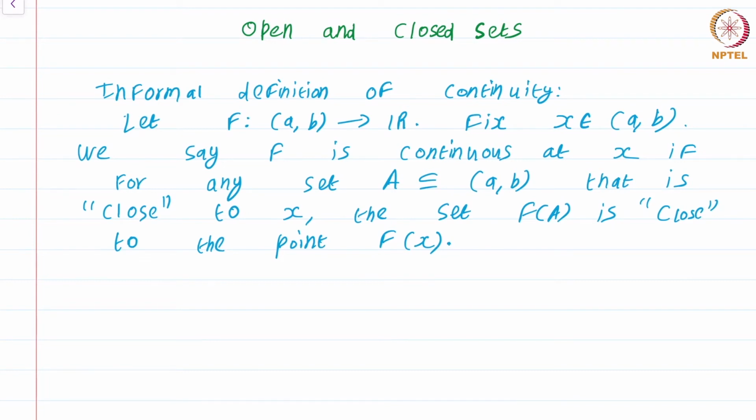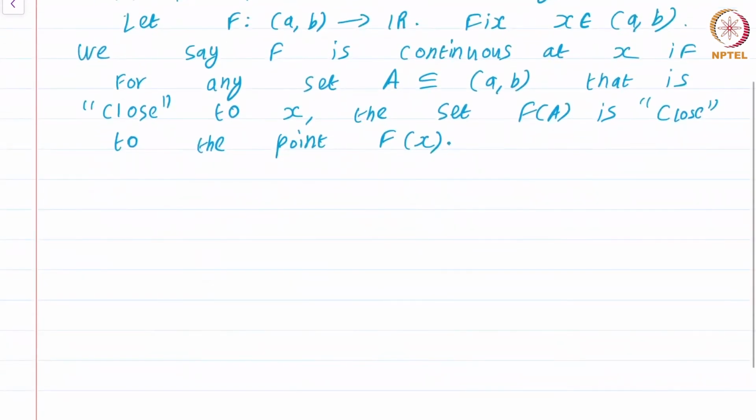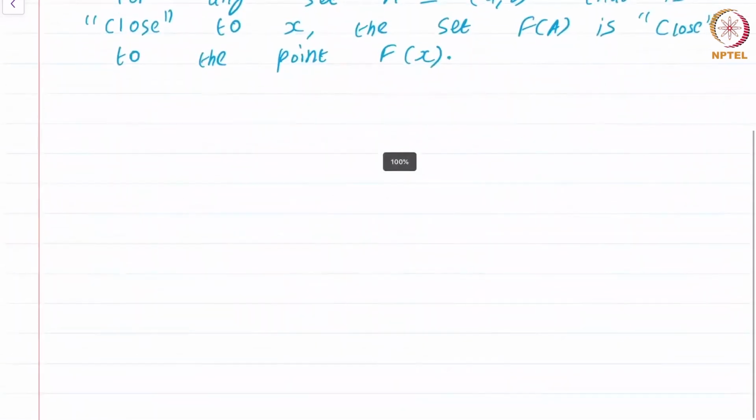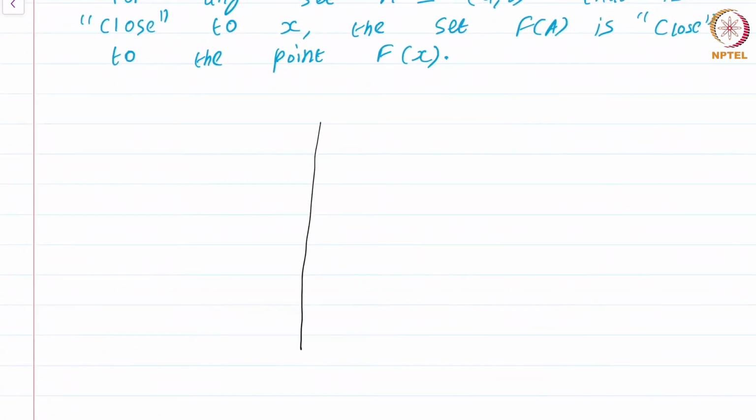For that, let me first draw a graph of a function whose continuity we are trying to analyze. Let's say this is a, this is b. Let's say this is the function and this is the point x at which I want to see whether the function is continuous. Let's say what happens is, as soon as you touch x, the function just zooms, like the stock price of the software Zoom for the past few months.